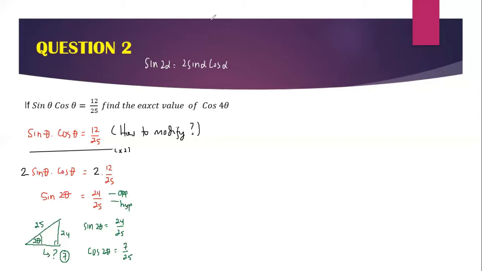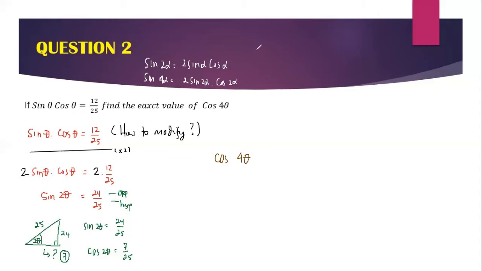The question is cosine 4 theta. This is very easy. If sine 2 alpha equals 2 sine alpha cosine alpha, so sine 4 alpha equals 2 sine 2 alpha cosine 2 alpha. Is it correct? Yes, sir.